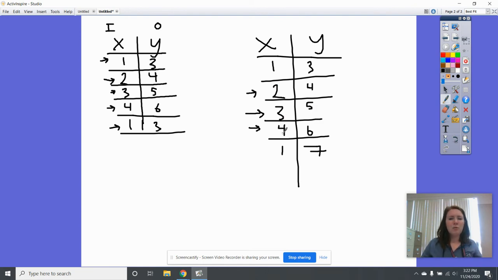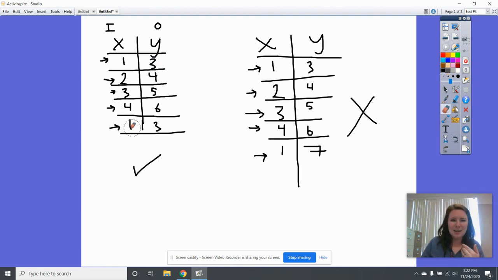If I put in a 4, I know the output's a 6. But if I put in a 1, what's my output? I don't know. Is it a 3? Is it a 7? I do not know what the output is. So this one is not a function, but the previous one was a function because even though the number 1 showed up 2 times, the answer was 3 both times. So I knew what it was.